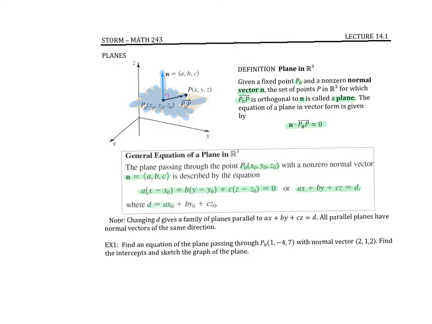So below is our definition of our d. Now if we change that d value, what we end up with is a family of planes parallel to our plane. And all parallel planes will have normal vectors moving in the same direction.